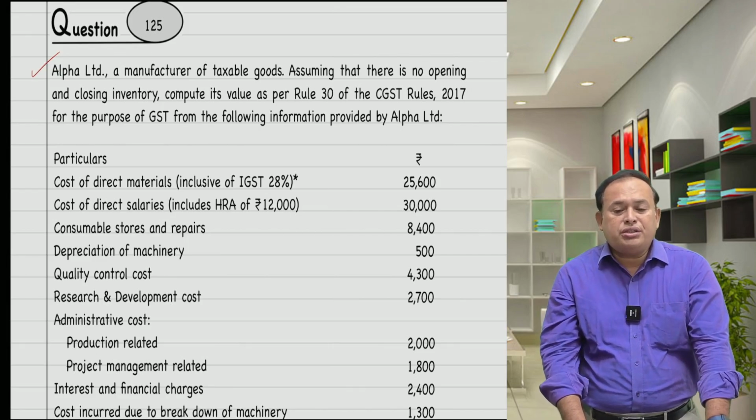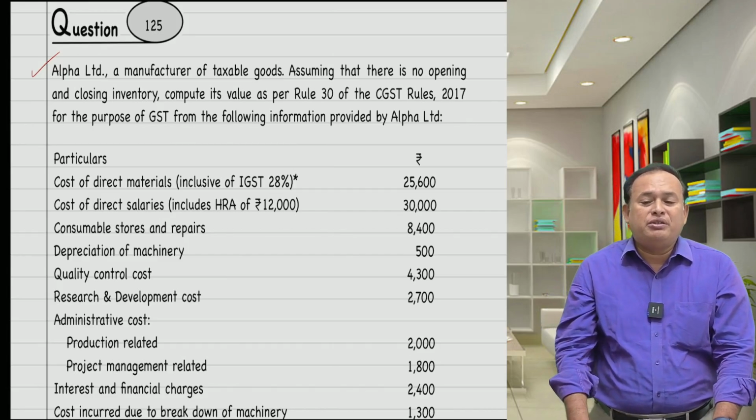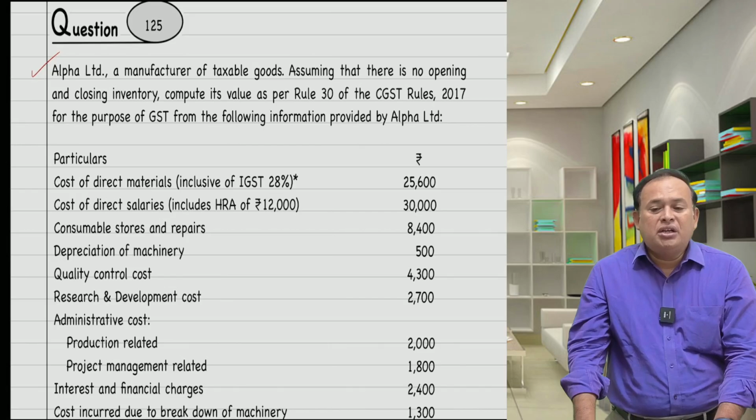Particulars: cost of direct material inclusive of GST, namely IGST 28%, which is 25,600. Cost of direct salaries including HRA, house rent allowance, 12,000. Total is rupees 30,000.